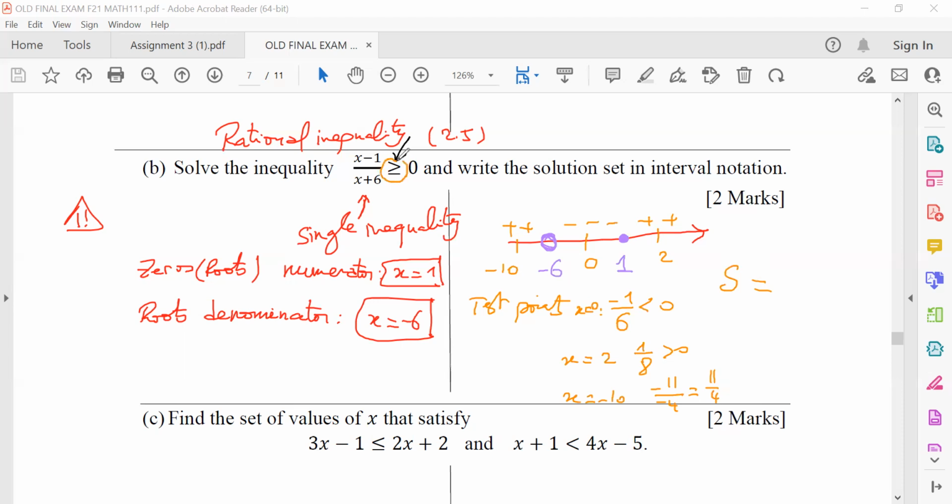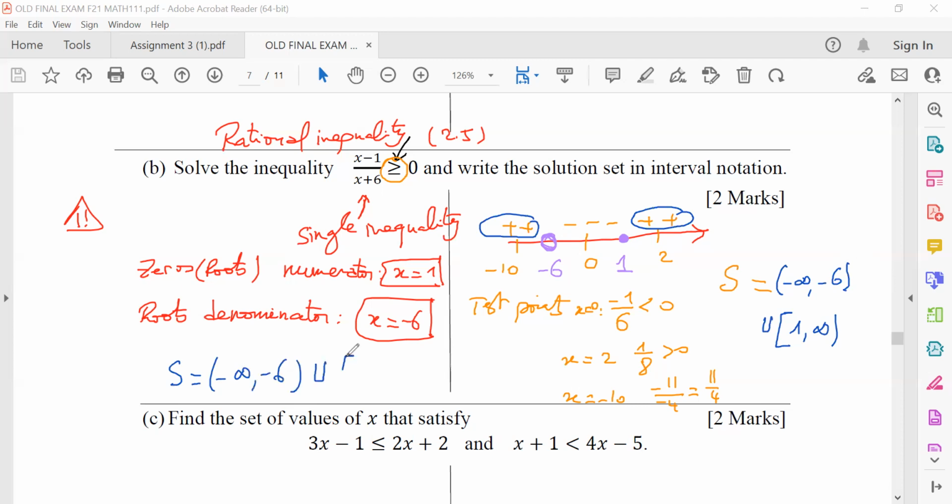We want it greater than or equal to 0. So we take this part and this part: minus infinity to minus 6, and 1 to infinity. Minus 6 is the root of the denominator, so we always open. 1, the root of the numerator, is greater than or equal, so we close, and we have a union. To be clear, I will write: minus infinity to minus 6, open, union, 1 to infinity, closed.